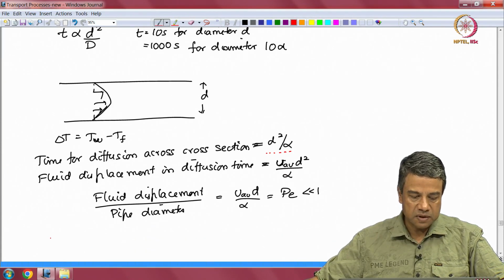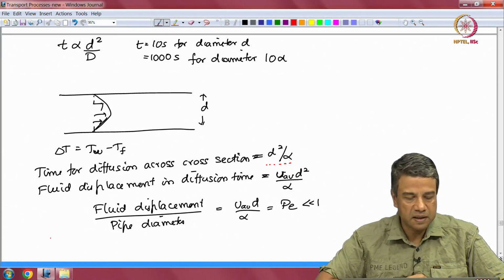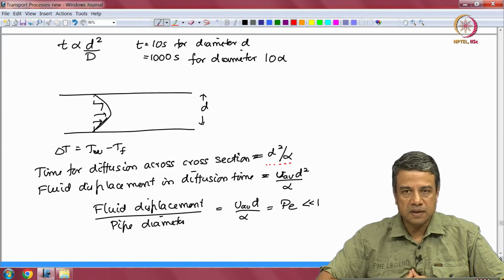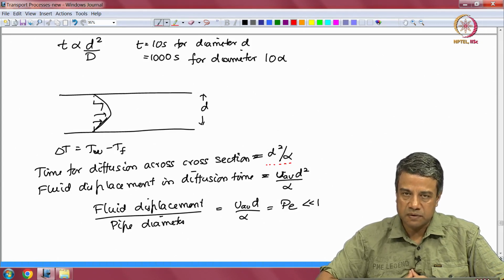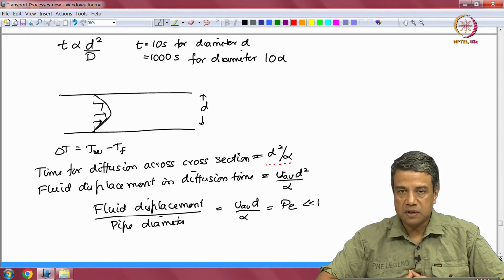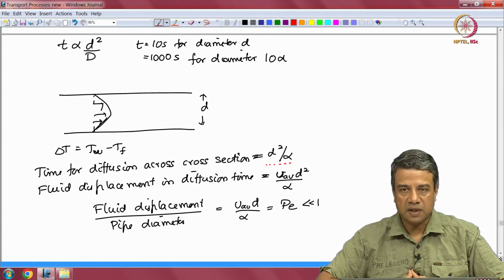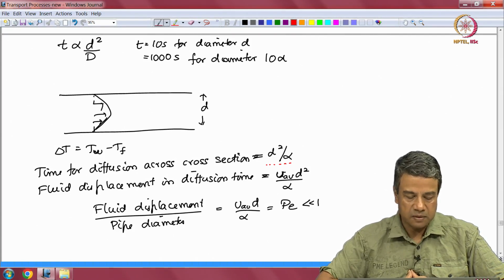The time for diffusion, just from dimensional analysis, scales as d square divided by the diffusion coefficient. The low Peclet number regime is not of importance in pipe flows, because for the flow through a pipe, the time for diffusion across the cross section is d square by alpha, and when the Peclet number is small, this time scale is much smaller than the time it takes for the fluid to travel a distance equal to the diameter of the pipe.